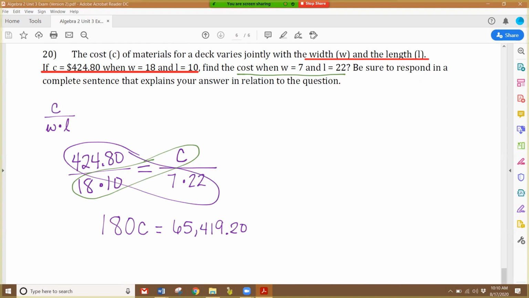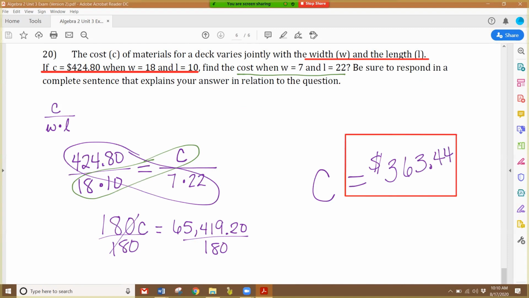To get the total cost, we're going to have to divide by 180. So divide both sides by 180 to get the cost equals $363.44. Again, since that's cost, I'm just going to label it dollars.